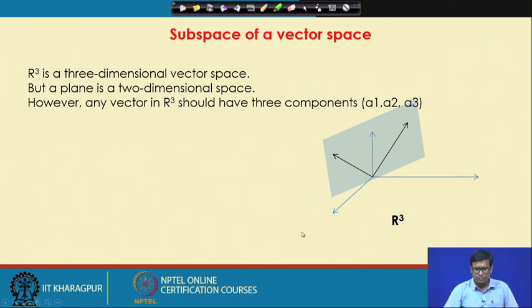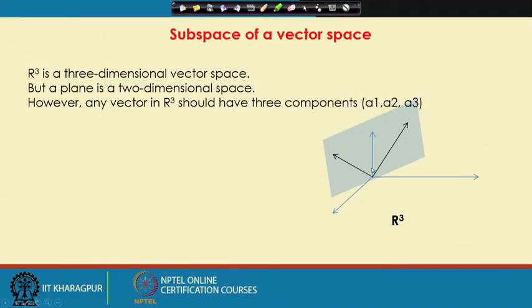So, R3 is a 3-dimensional vector space, but a plane is a 2-dimensional space. So, a subspace can have a lesser dimension than the real coordinate space. Real coordinate space can go up to R infinity.